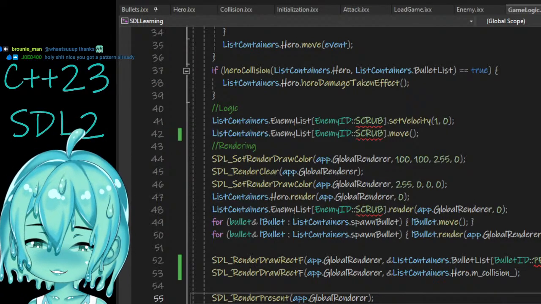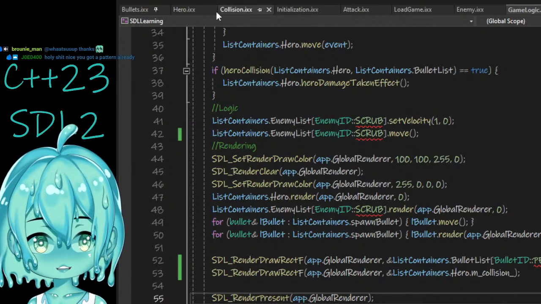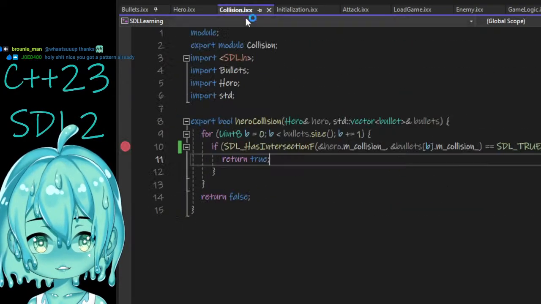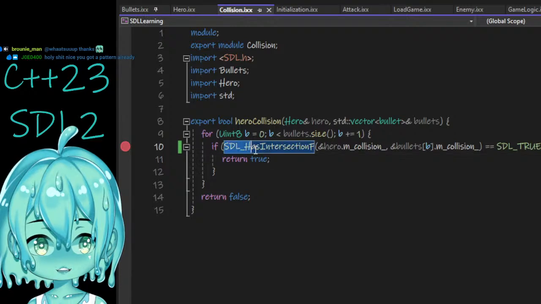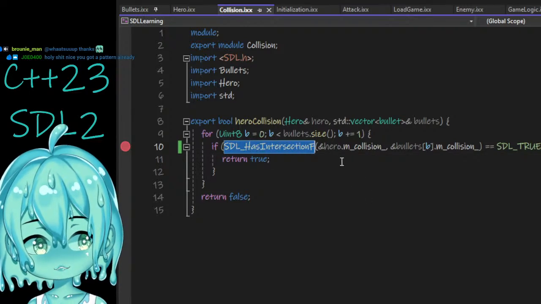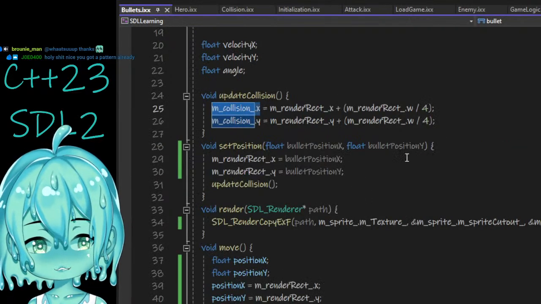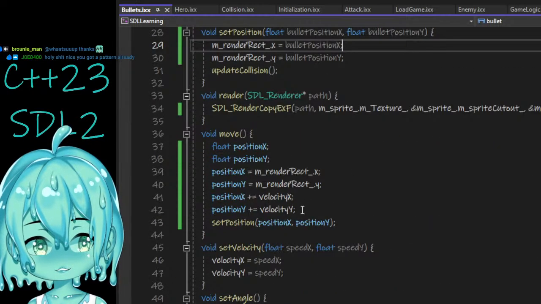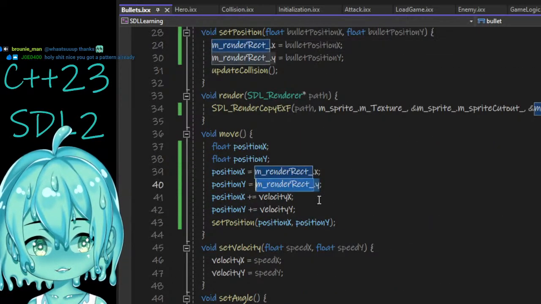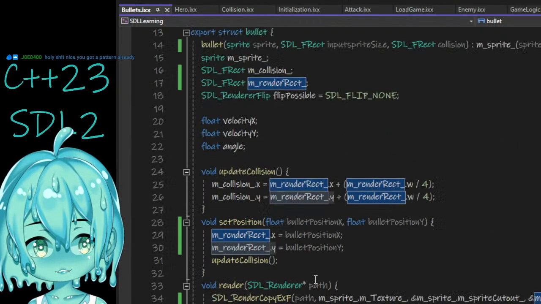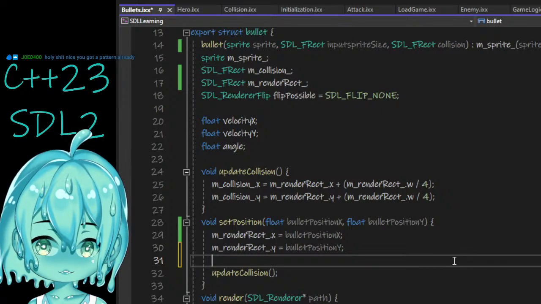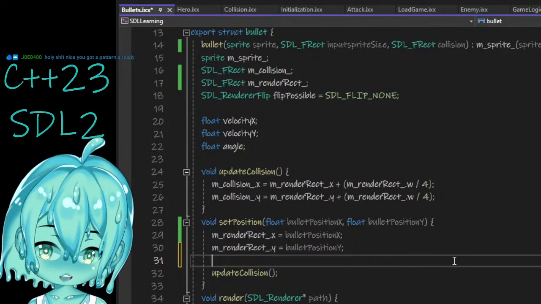Hell yeah we do. Well, now the point is to get the collision box on the bullets to actually follow the bullets. So we have our collision working again now that we've changed SDL to accept float values on all rectangles. Now we need the collision box. Okay, so the render box is updated. When we call set position, I think this also needs to move with that, right?